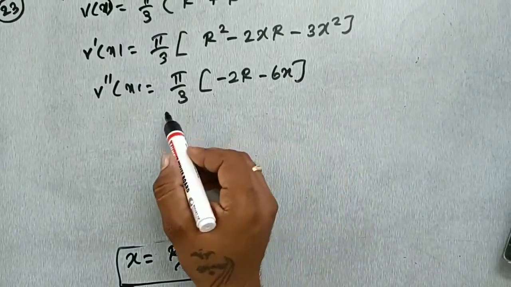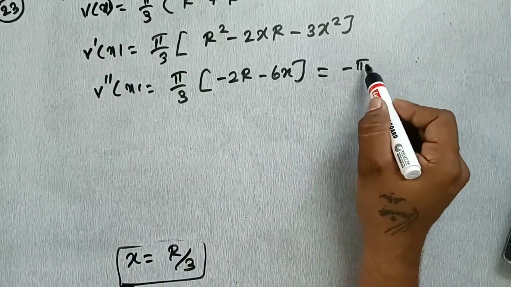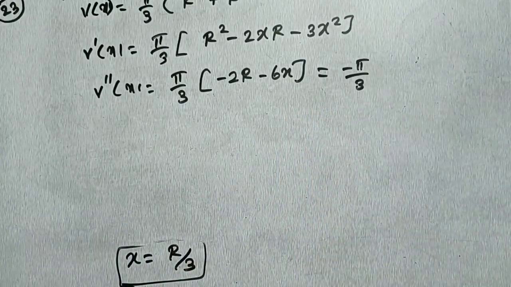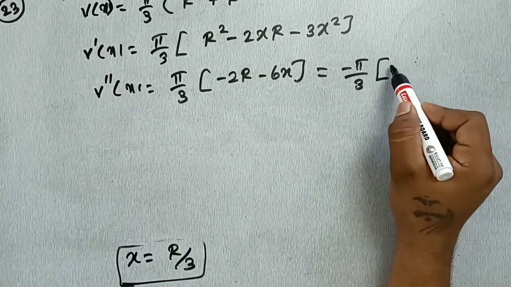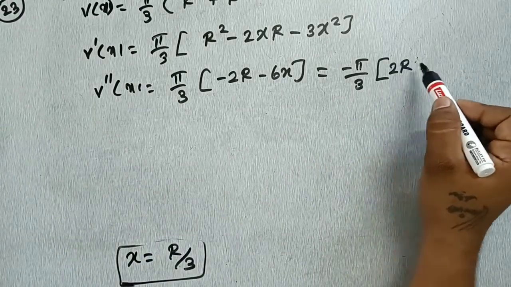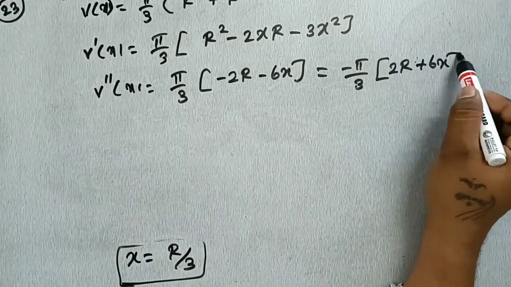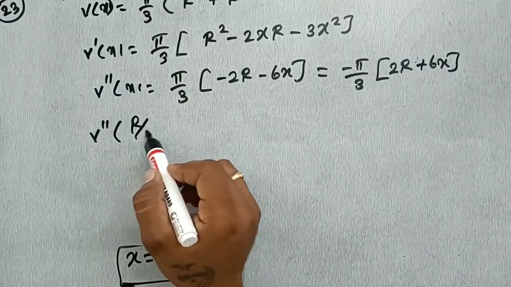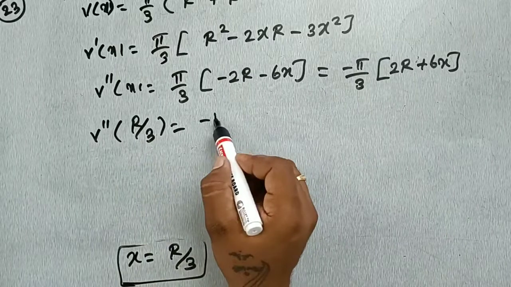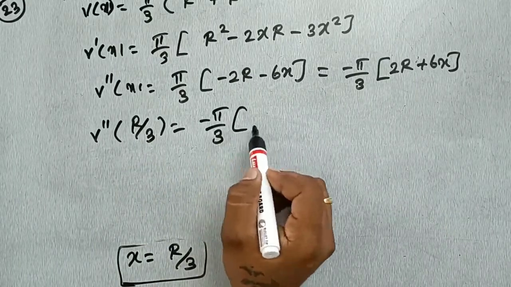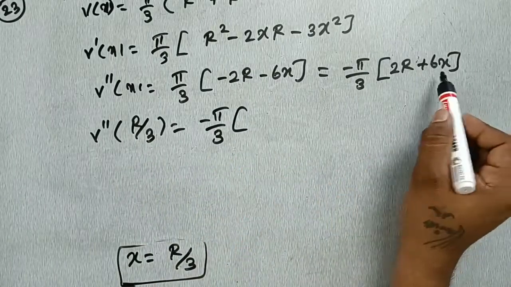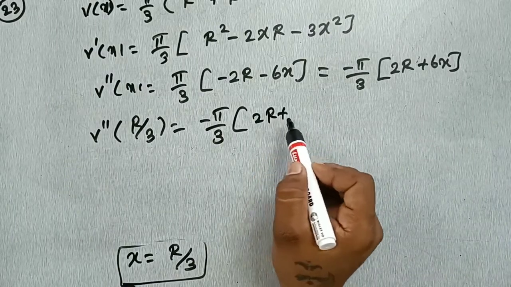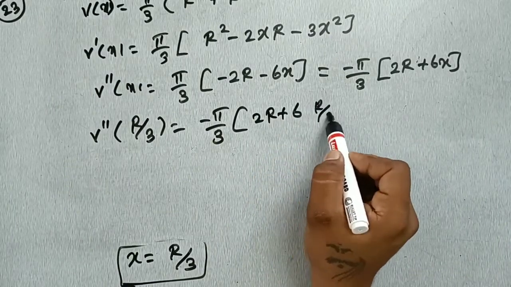So I can take minus outside, that will be minus pi by 3 into 2r plus 6 into x. Substitute in the V double dash at x equal to r by 3, x in the place of r by 3. We will get minus pi by 3 into 2r plus 6 into r by 3.